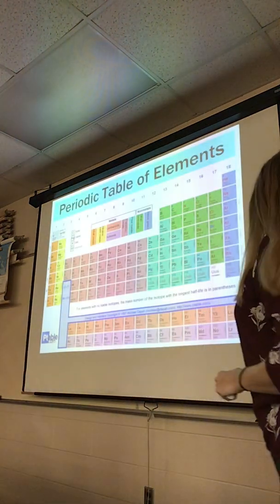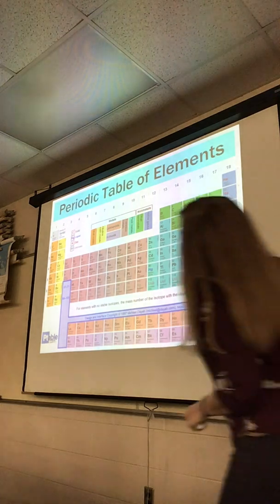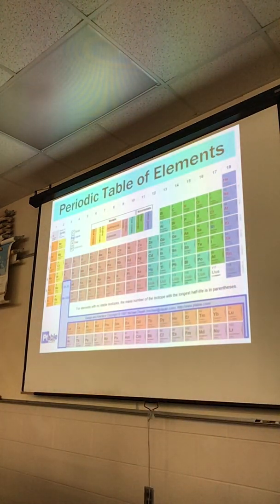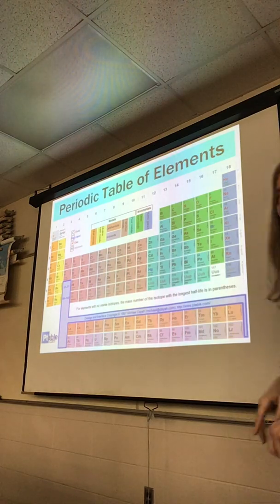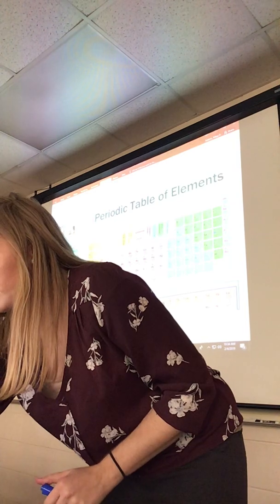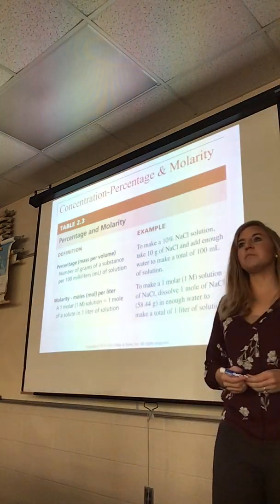So for sodium chloride, you just add 22.98 and 35.45, and when you add those together, you get 58.44. So you add that many grams in a liter of water.